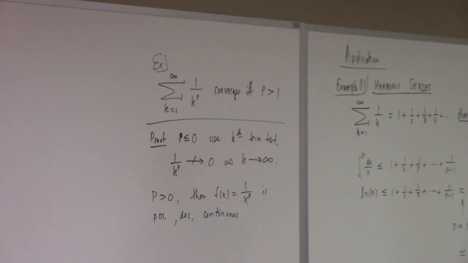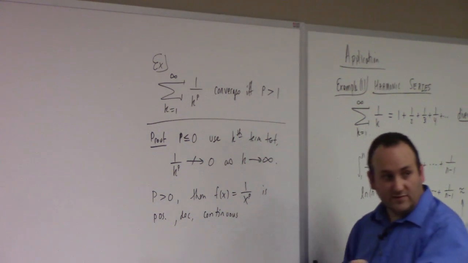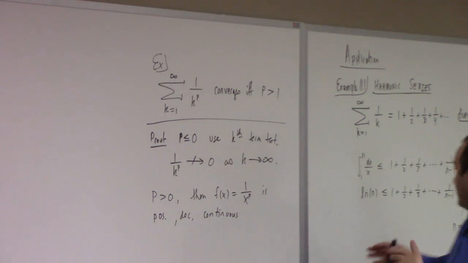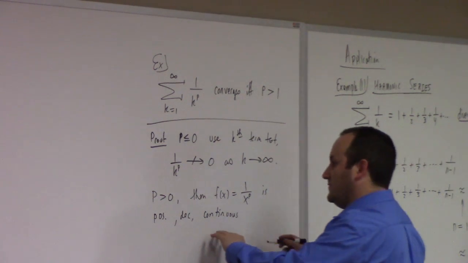I'm almost done though, guys. So this 1 over x to the p is positive, decreasing, and continuous. You can show that through explicit details like this. If you differentiate, f prime of x, you get minus p over x to the p plus 1, which is negative, so the function is decreasing. So it's positive, decreasing, continuous.